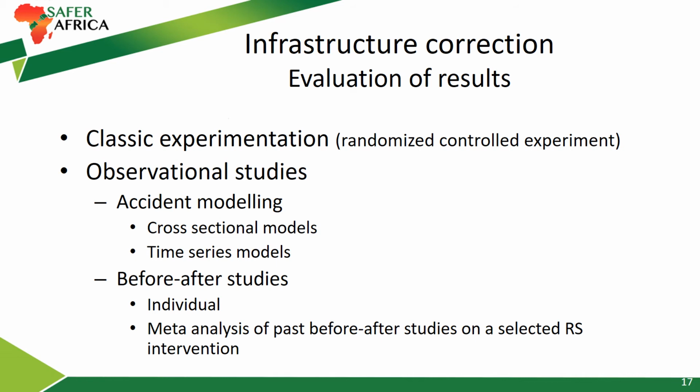In the first case, crash frequency and severity cross-sectional models, as the one presented in slide 10, may be used, especially at a disaggregate level. At the high aggregate level, time series modeling is also popular.